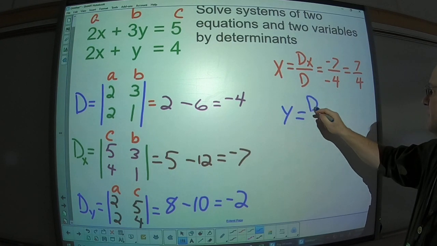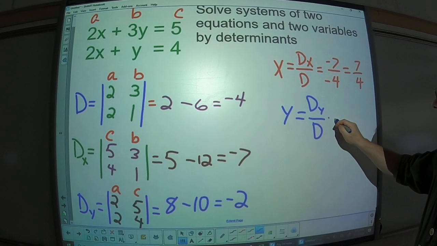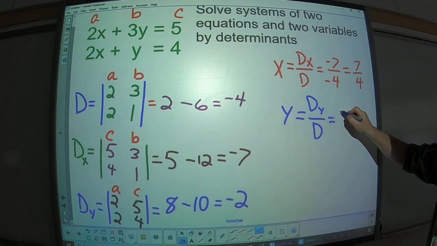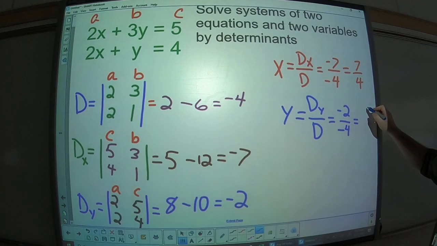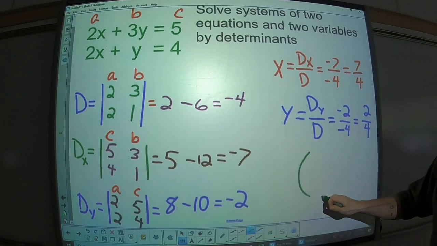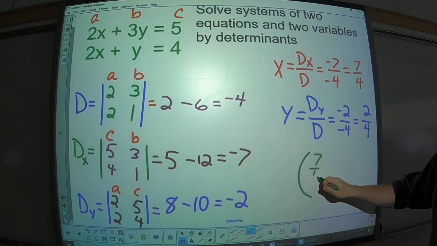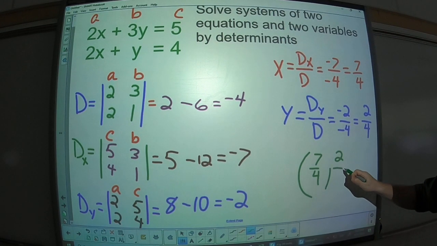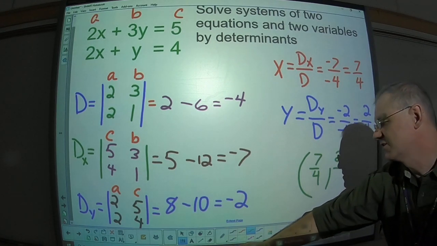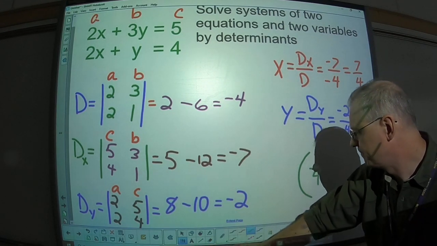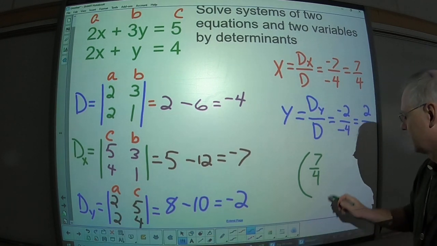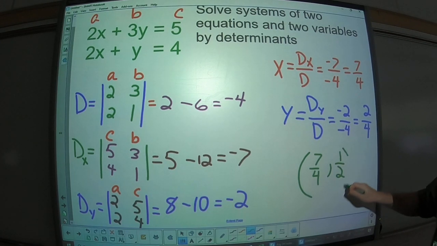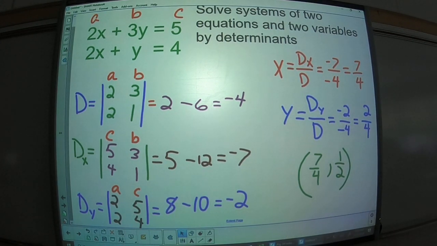Y is D sub y over D. D sub y happens to be negative 2, D is negative 4, so 2/4. So my final answer here, x is 7/4, y is 2/4. Well, 2/4 is much easier to write as 1/2, isn't it? So we'll say, I don't like that comma, let's fix that, 1/2. And there is your answer.